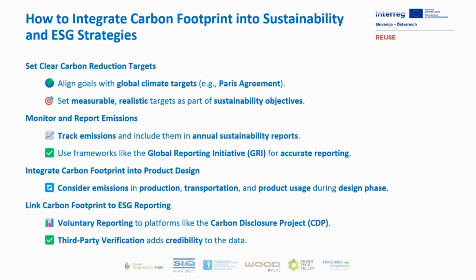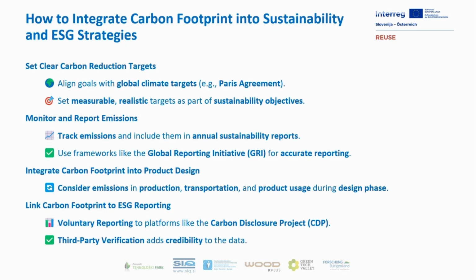These targets should be part of broader sustainability objectives with regular monitoring and reporting through mechanisms like annual sustainability reports that include emissions data, progress and goals using standards like GRI, or Global Reporting Initiative.